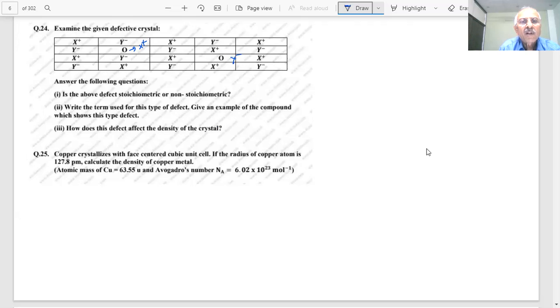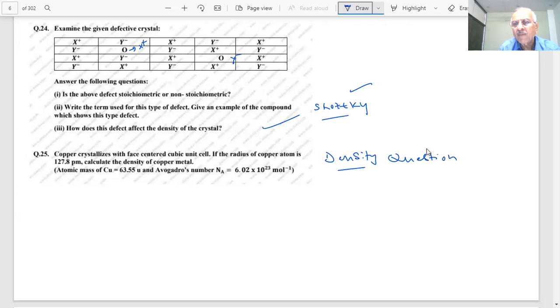Write the term used for this type of defect. Give an example of a compound which shows this. How does this affect the density? Important. Such questions are given in the paper. It is a Schottky defect. Example is NaCl and it decreases the density. Same type of story. Copper crystallizes with face-centered cubic structure. The radius of the copper atom is given; calculate the density of the copper. One question on density is always given. I told you.